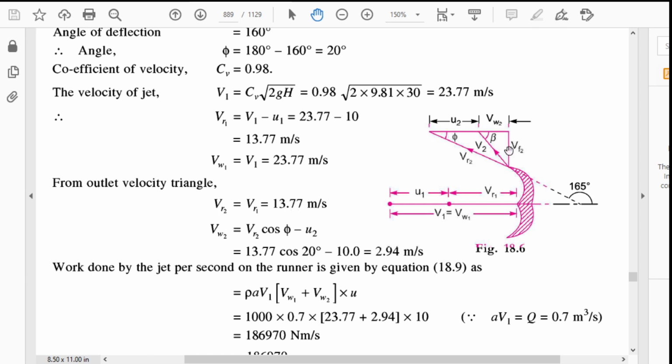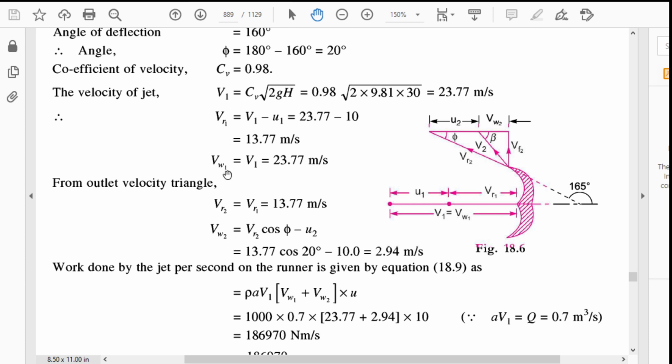Now by using this velocity triangle we can find out VW2 as VR2 cos phi minus U2. The whole side minus U2 will be 2.94 meters per second as VW2.